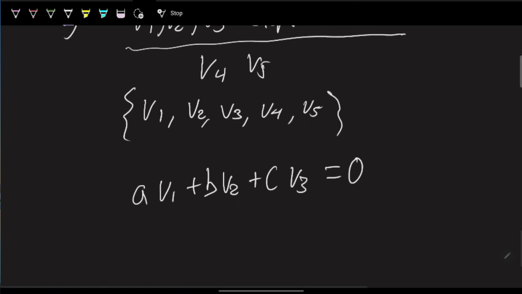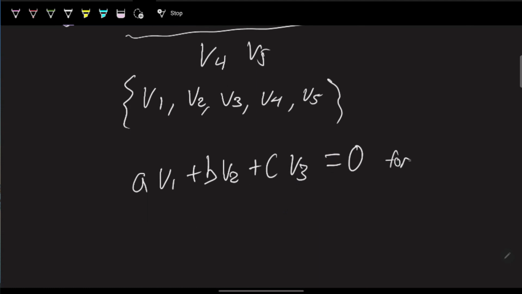So there exists a non-trivial A, B, and C, right? That's explicitly the definition of linear dependence, if I'm not mistaken. Let me double check that real quick. I just want to get it very carefully correct. So right, a non-trivial linear combination of the vectors that equals the 0 vector, right?